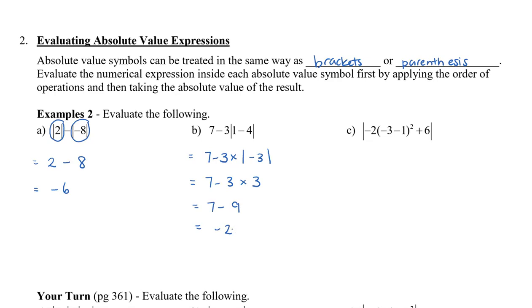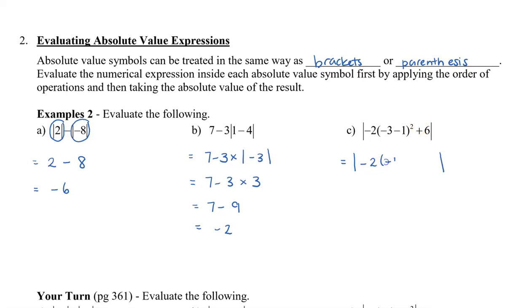All right, our last example, notice that all of the numbers are inside the absolute value. So we're actually going to take the absolute value at the very, very end. So I'm going to place them first, and we're going to evaluate by doing our order of operations. Often we will say BEDMAS, B for brackets. So we have negative 3 minus 1 as our first operation.